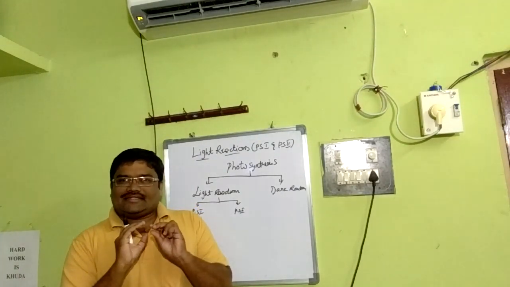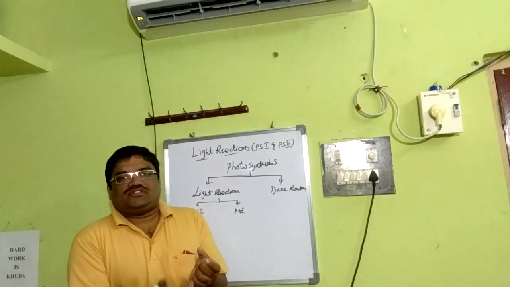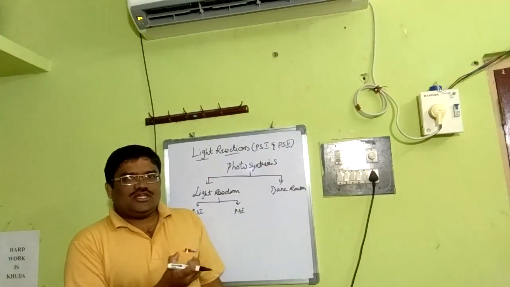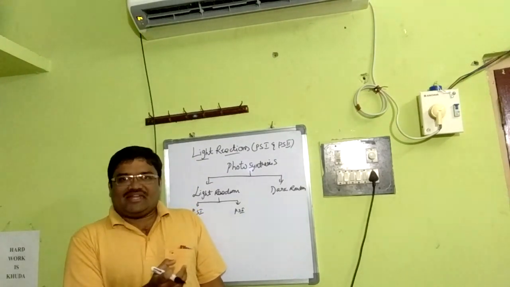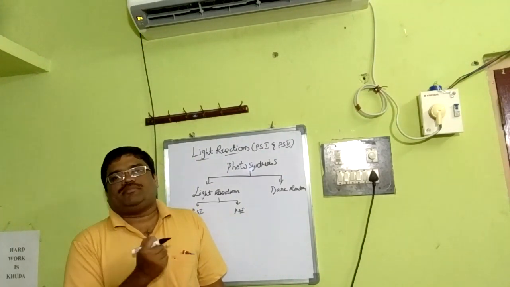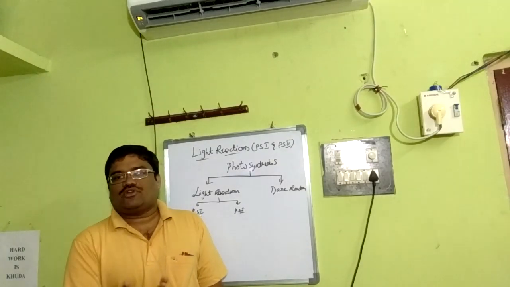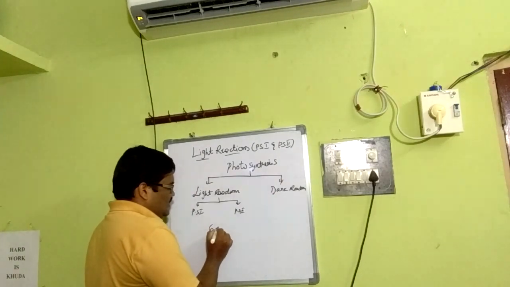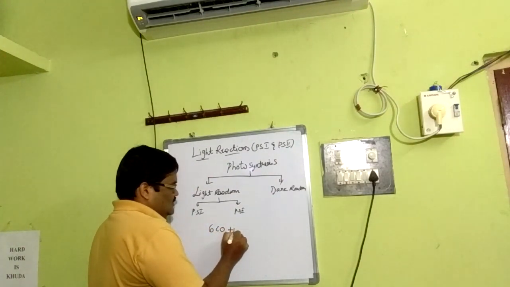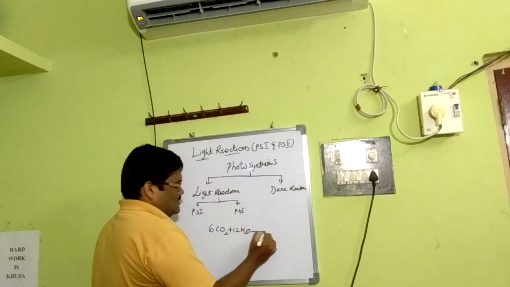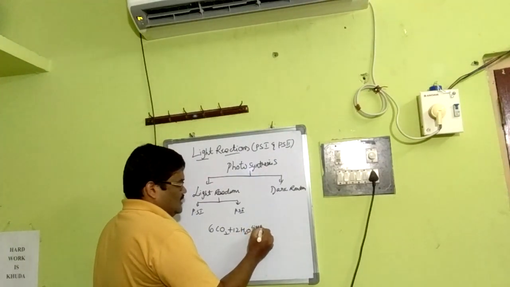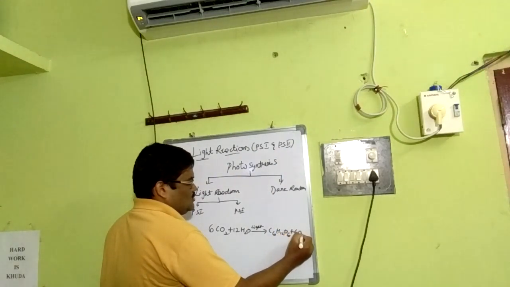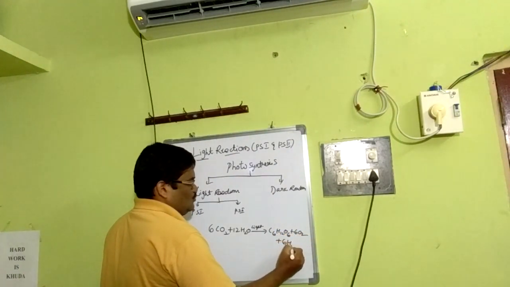I told you, it is the synthesis of organic compounds, the carbohydrate, by entrapping light energy, solar energy, through the utilization of the raw materials, carbon dioxide and water, to prepare the food material, the carbohydrates. It's called photosynthesis. In the form of a chemical reaction, the basic equation we know is 6CO2 plus 12H2O in sunlight gives C6H12O6 plus 6O2 plus 6H2O.